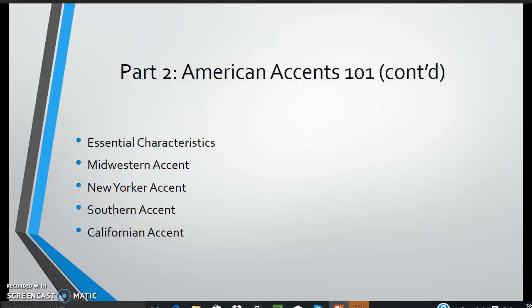Similar to the New Yorker accent, the Southern accent is non-rhotic. Of course there is no linking R, so for instance, better idea would be pronounced better idea, things like that.